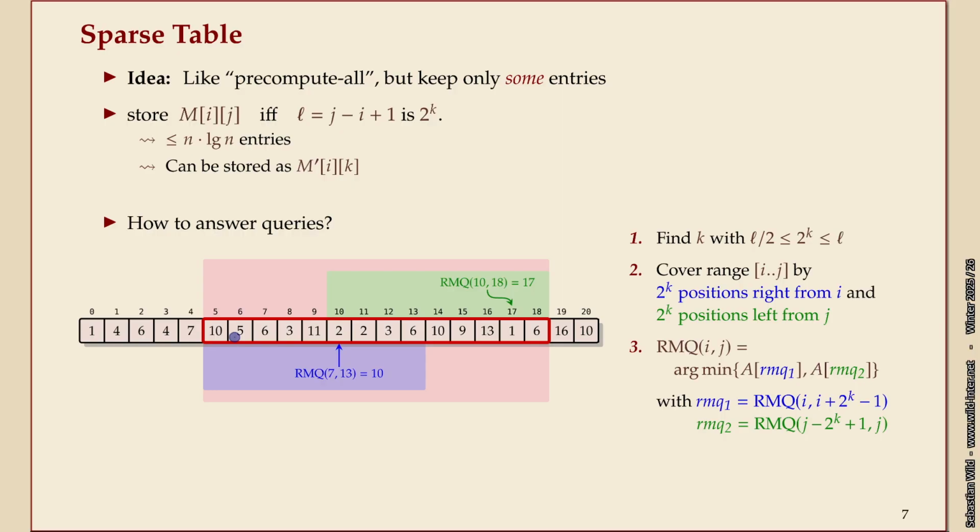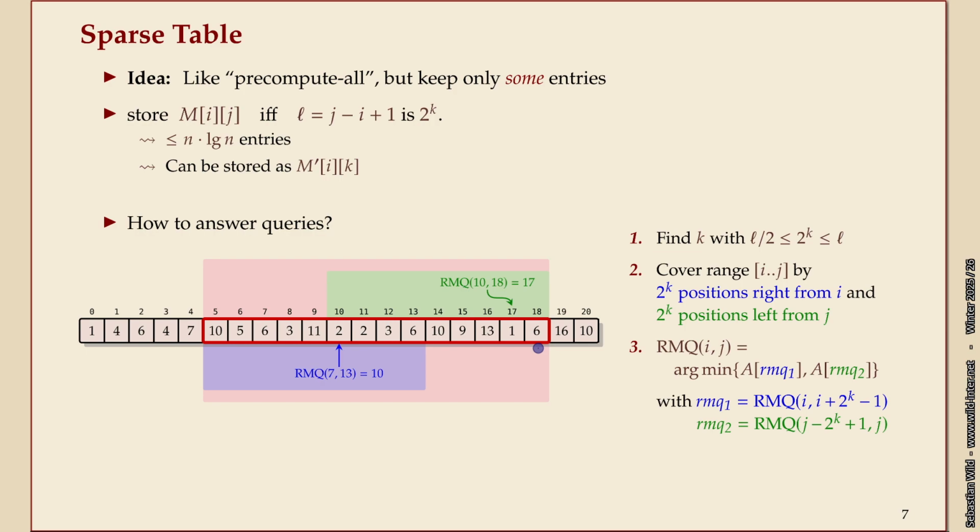And so you find two overlapping or touching ranges. They have to be overlapping, otherwise there would be one that covers the whole thing. But it doesn't matter actually. There are two ranges that together cover the query range. And so you'll get a minimum from the blue and from the green part. Certainly the minimum of the entire thing can be one of those two positions, but nothing else.